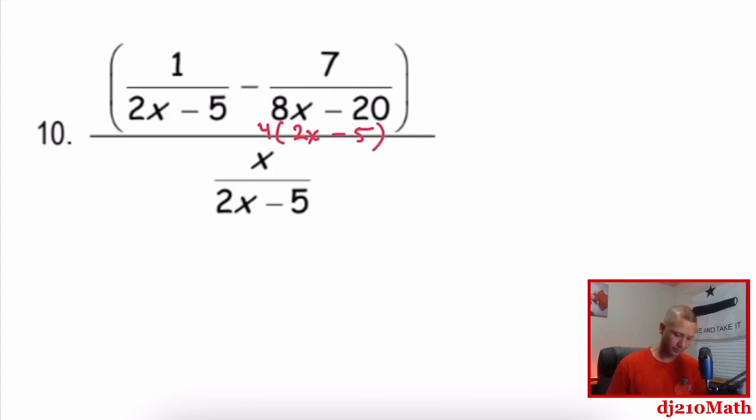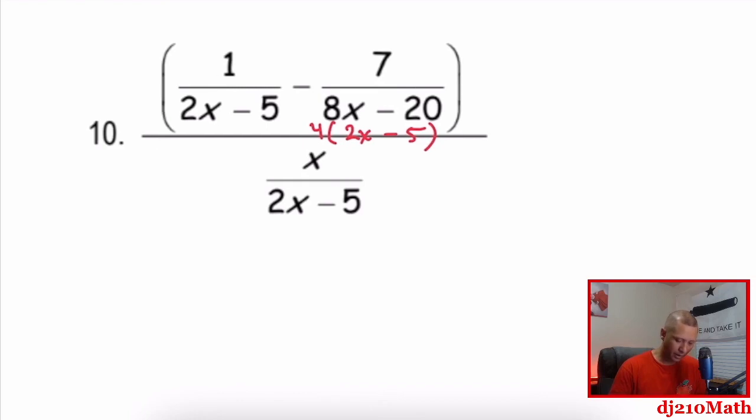Is that true? 8, 20. Okay. So 2x minus 5, that's nice. So that means when we get a common denominator, we just have to multiply the left side by 4, top and bottom. Right, that's what that means.